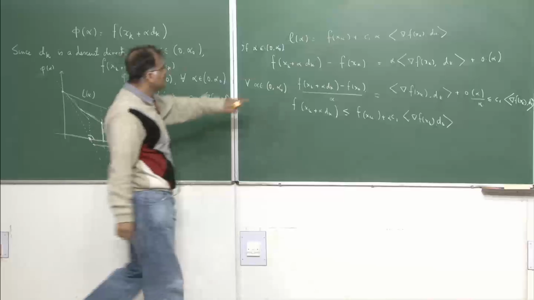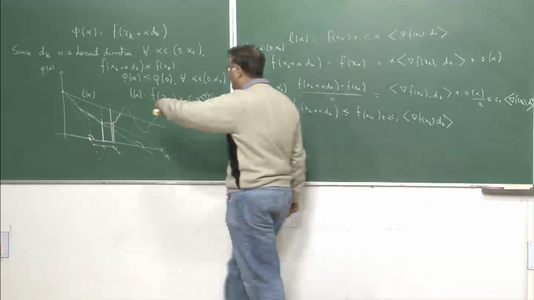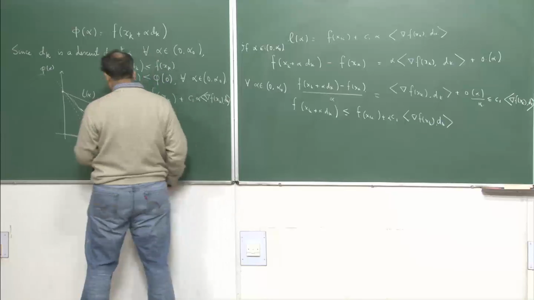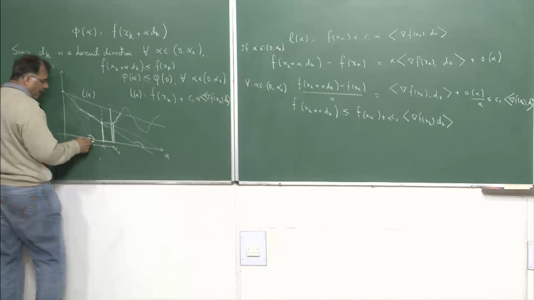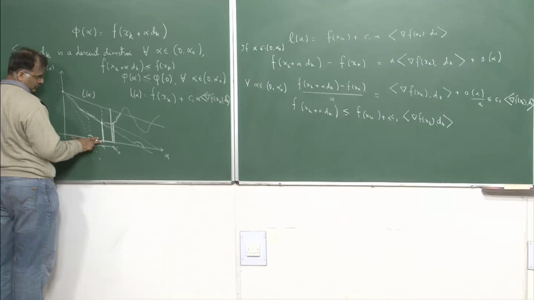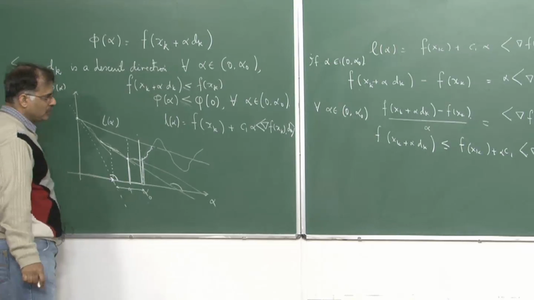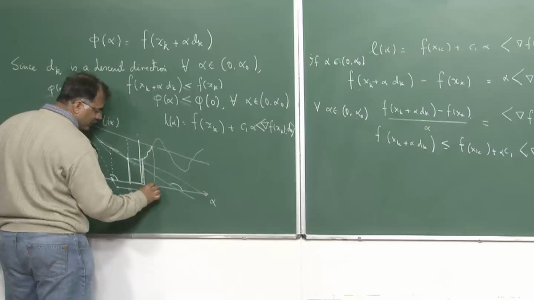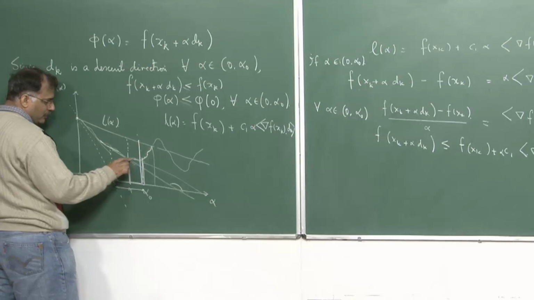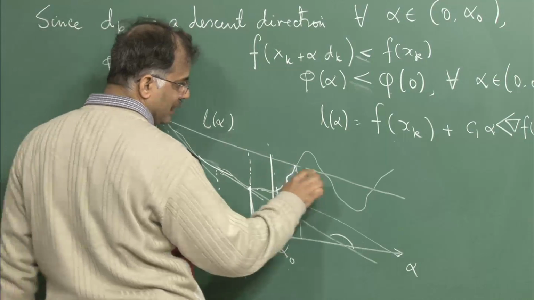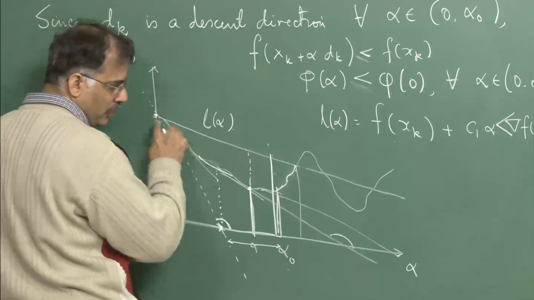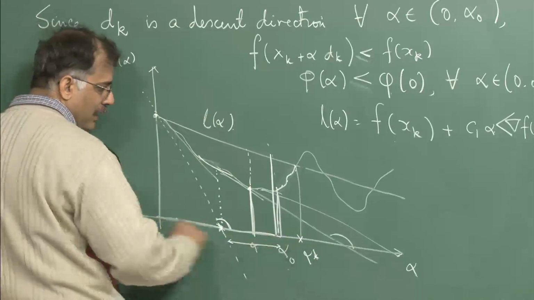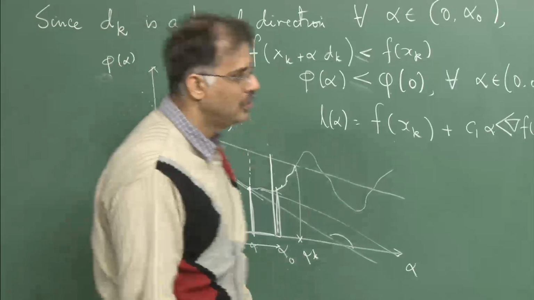Because this line is unbounded, there will be a first point where it intersects this curve. So I can find a band of alpha. If you observe from the geometrical picture, the curve is lying below this line, so from this alpha star where it intersects, I will have the sufficient decrease condition holding.